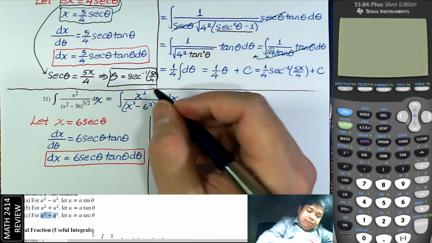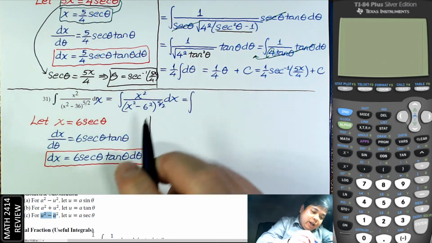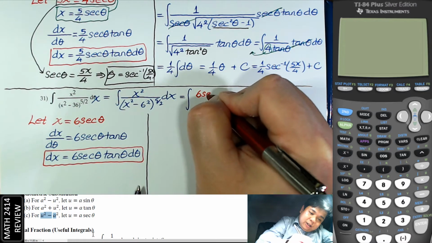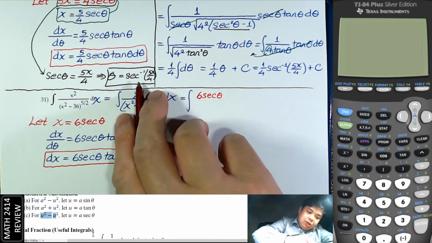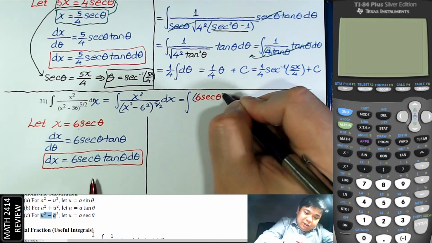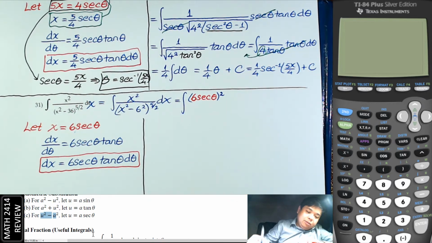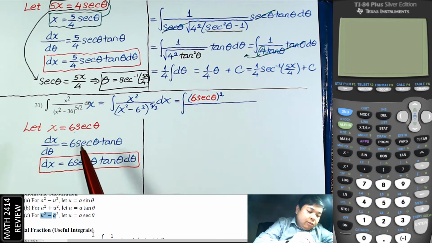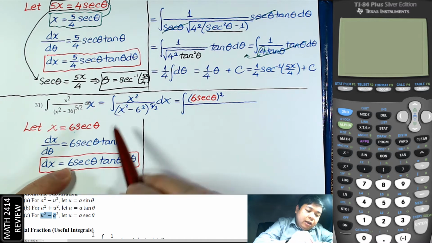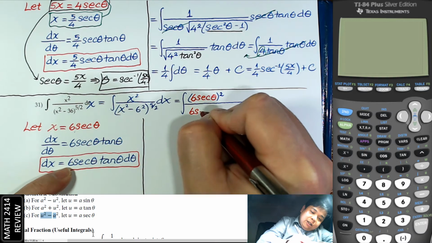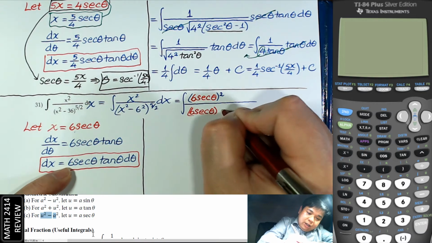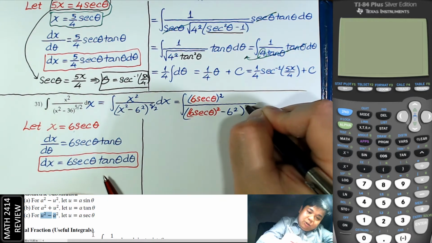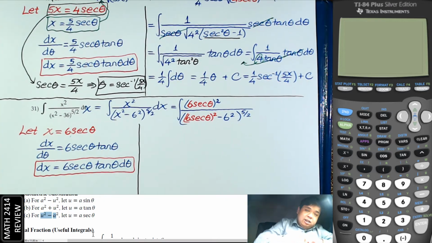Right, let's see what we have. x squared at 6 secant theta squared, next, x squared again, 6 secant theta squared minus 6 squared, to the 5/2 dx.